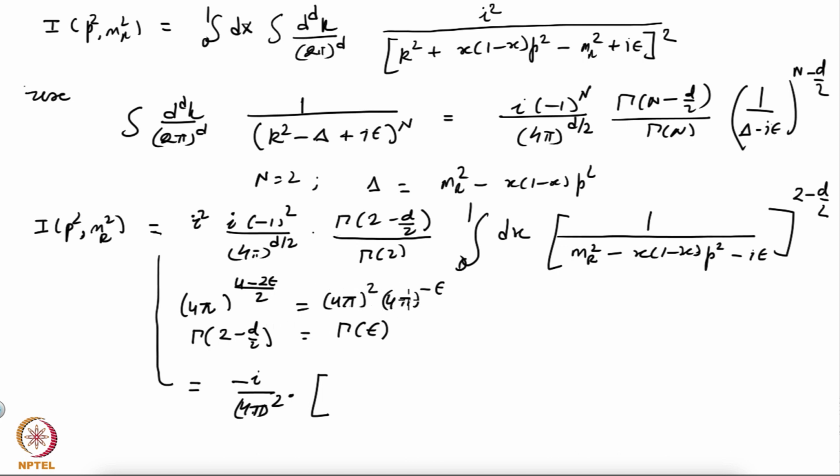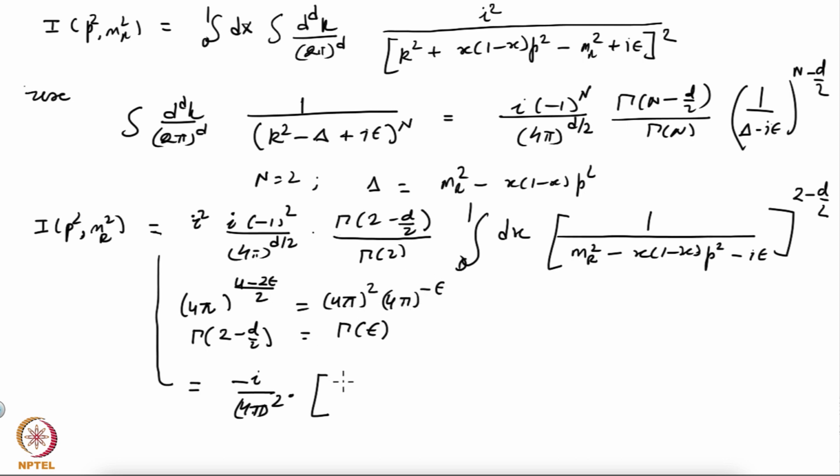And this (4 pi) to the minus epsilon I'm going to take care of. This is in the denominator, so this will go into the numerator. It will become (4 pi) to the epsilon.